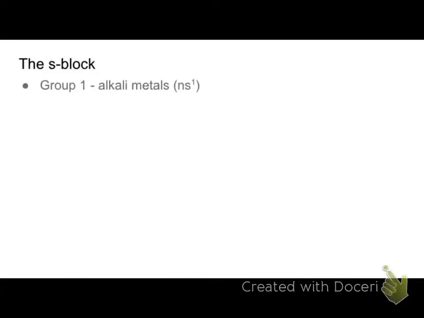Let's start with the S block. We're going to talk about group 1, which is the alkali metals, and right there in parentheses you can see their group notation. Okay, so the reason this is a group notation is because it's accurate for all of them. It's saying the outermost energy level for all of these is NS1.